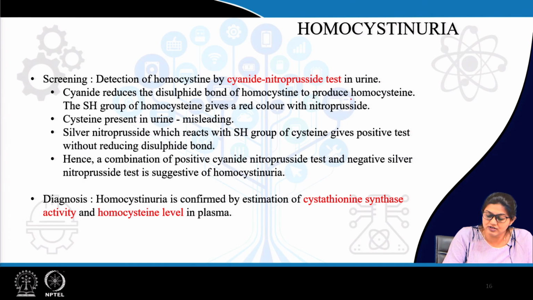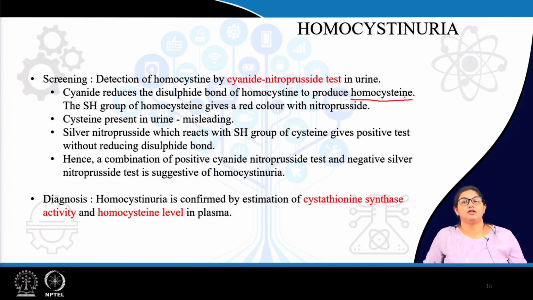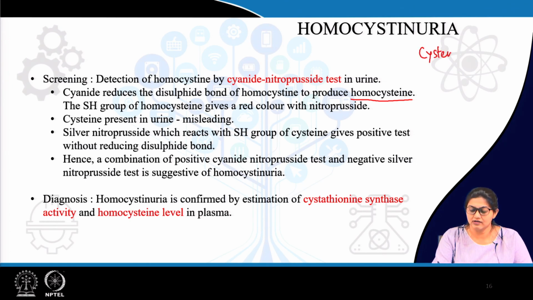to produce homocysteine. Remember, the sulfur containing amino acid cysteine here contains the sulfhydryl group, a free sulfhydryl group. Now, the free sulfhydryl group has the tendency to get oxidized.